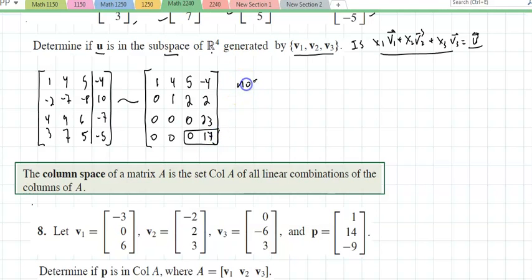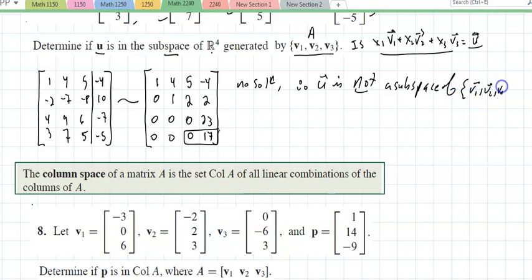Contradiction, no solution. So basically, that's how we're going to check this. This is matrix A. No solution. Therefore, U is not in the subspace generated by V1, V2, V3.